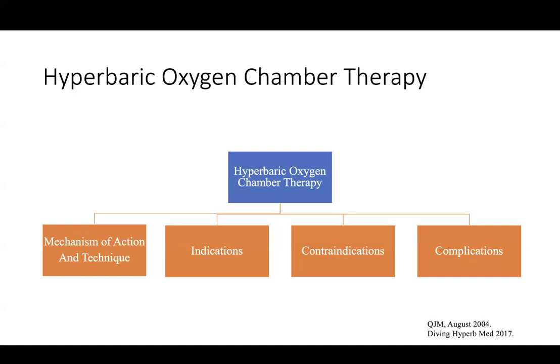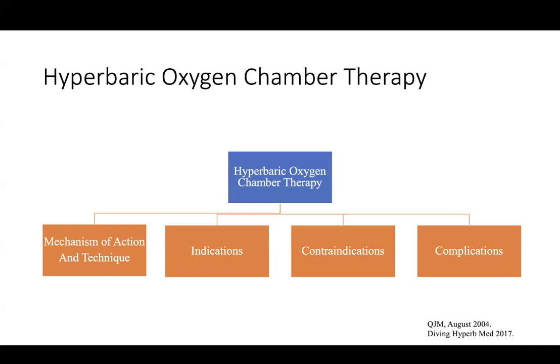This will depend upon the indication for giving the HBO therapy. If it is an acute therapy, this will require 1 or 2 treatment sessions. And if there is a chronic medical condition, that warrants giving up to 30 sessions.